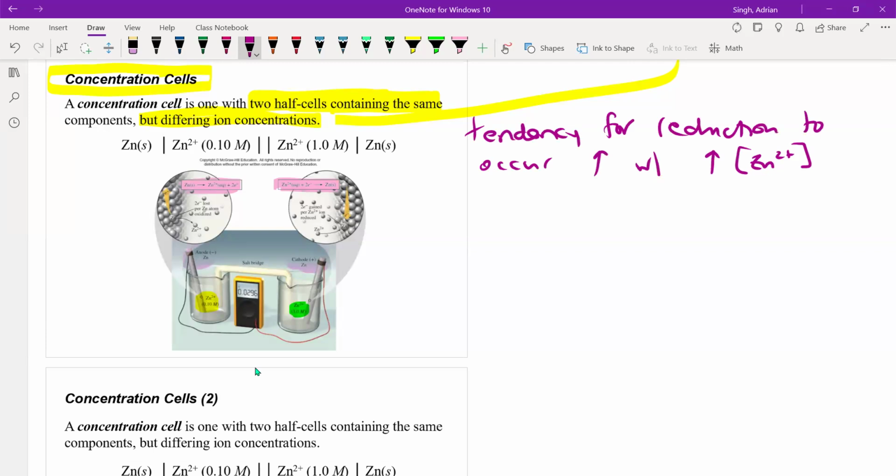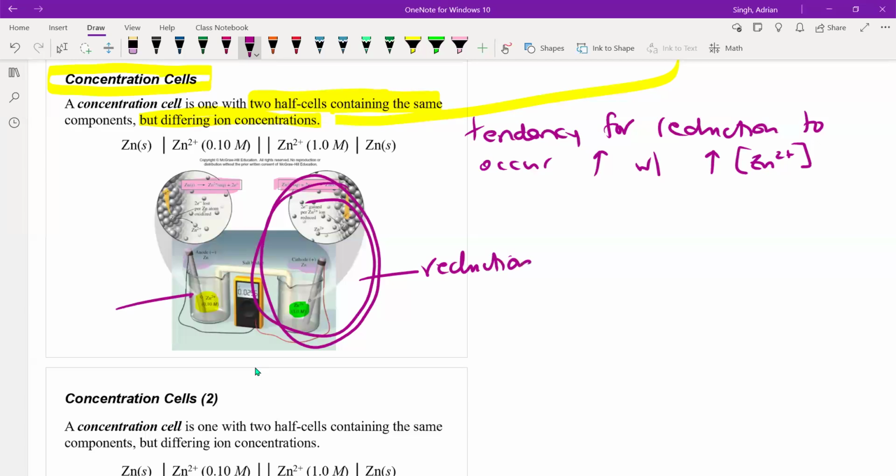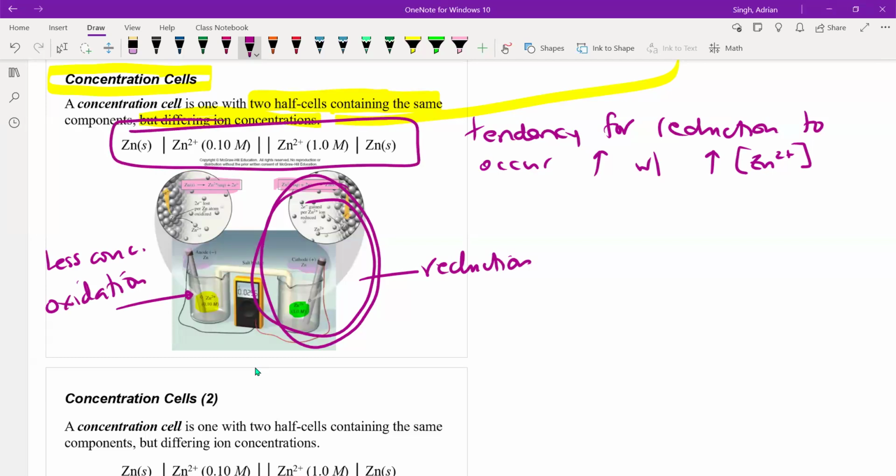So in the half cell on the right, which has the 1 molar zinc ion solution, we would predict reduction to occur here, which means then in the other one, in the less concentrated zinc, we would predict oxidation to occur. Okay, so we can write our cell notation. We have our zinc electrode, and then we have our phase boundary here, and then we have the zinc 2 plus, and here it's a 0.1 molar solution.